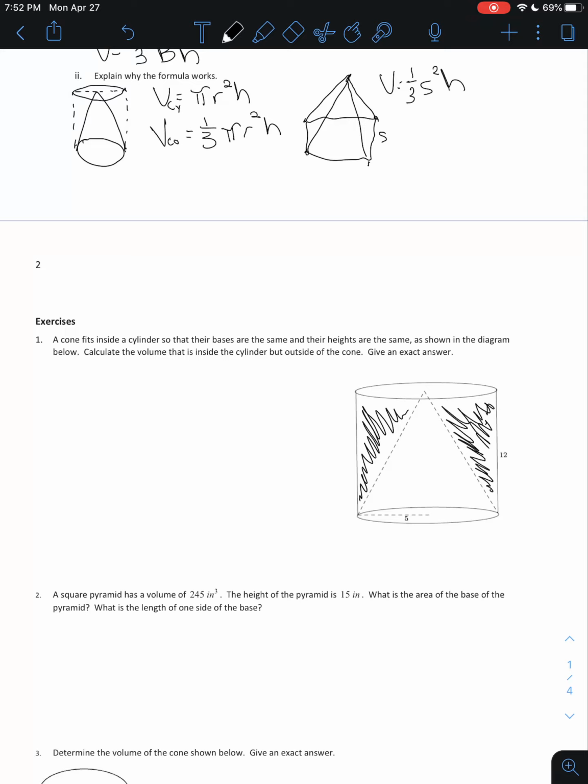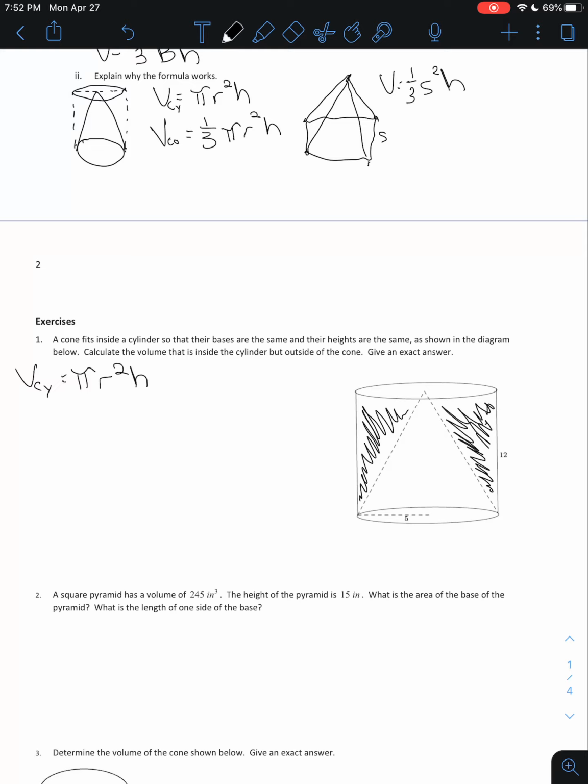So let's take a look at the volume of the cylinder first. Our volume formula for the cylinder, V sub Cy, is base times height. Our base is a circle, so it's pi r squared times height.